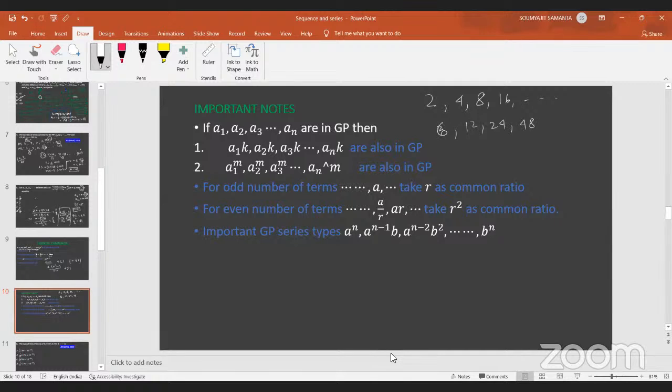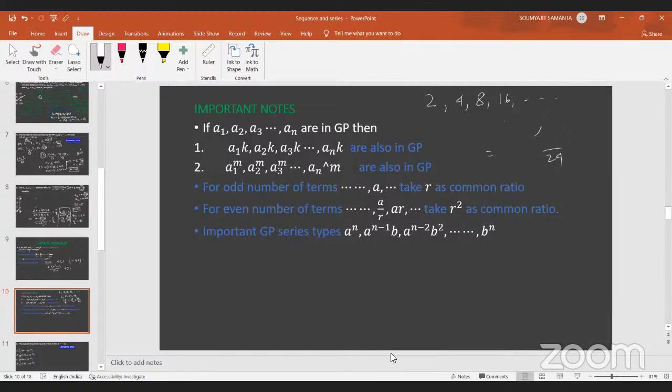Are these in GP, 6, 12, 24, 48? Yes, sir. Why? Because 12 divided by 6 equals 24 divided by 12 equals 48 divided by 24. The common ratio is the same, so obviously they will be in GP.